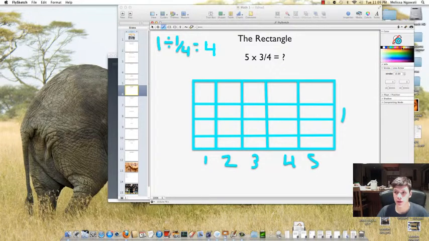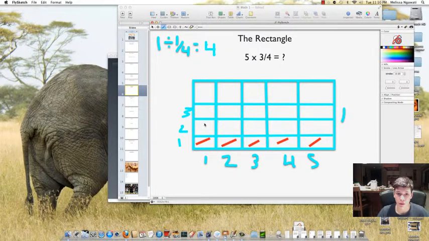So I'm just going to do a rough shading job. We have a base of 1, 2, 3, 4, 5, and a height of 3/4.